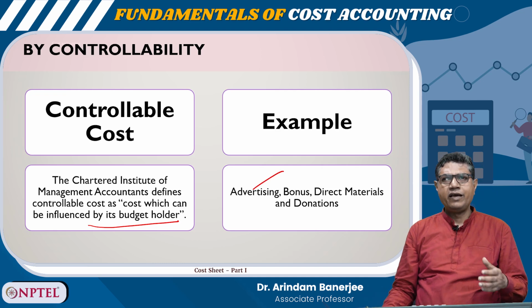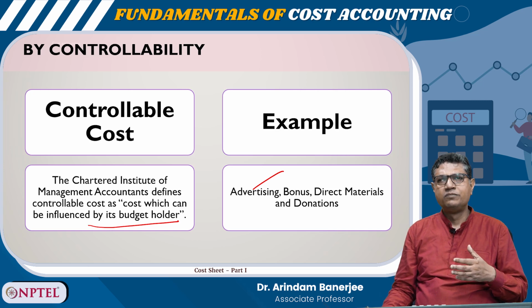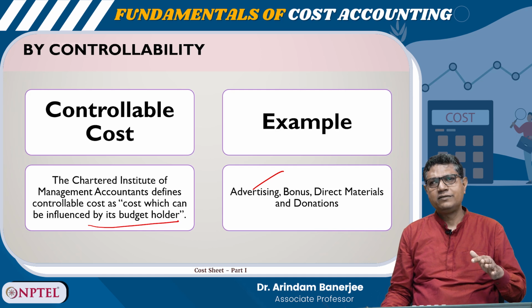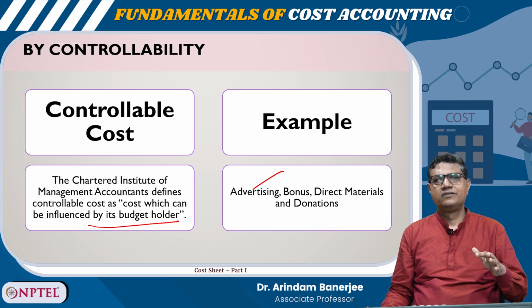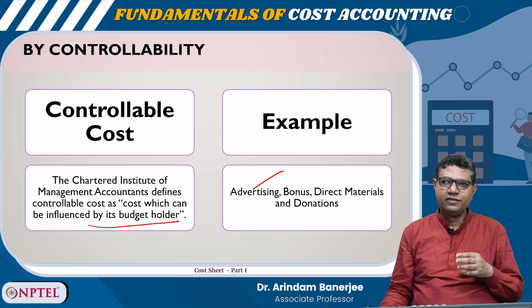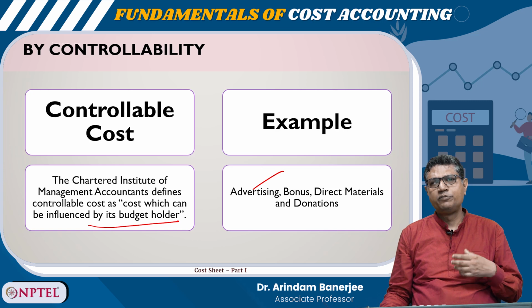If the company faces some fund crunch, from some economic tightness, then for the time being it can reduce the advertising cost. During turbulent times, these are the costs which management tries to control first.